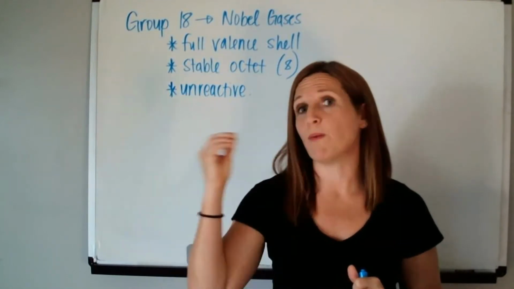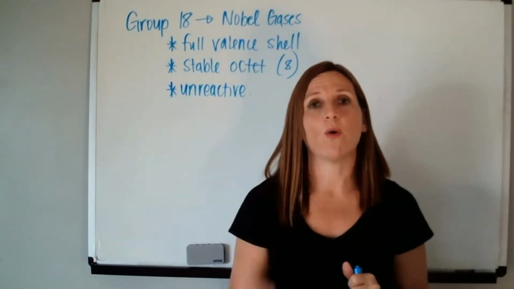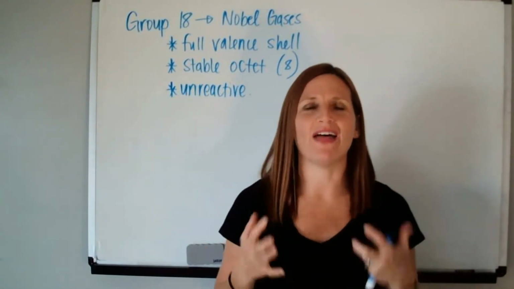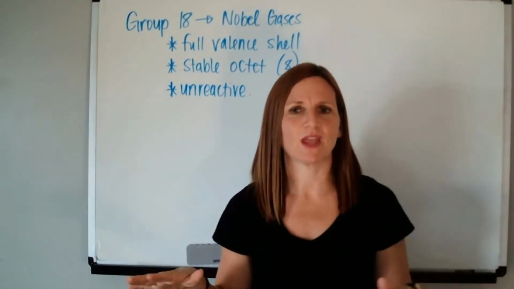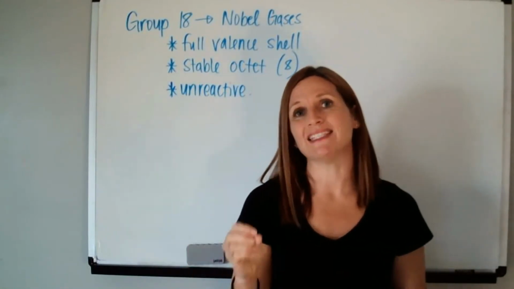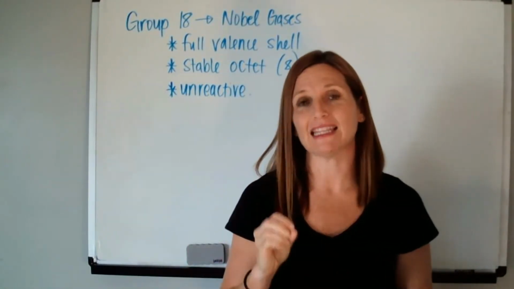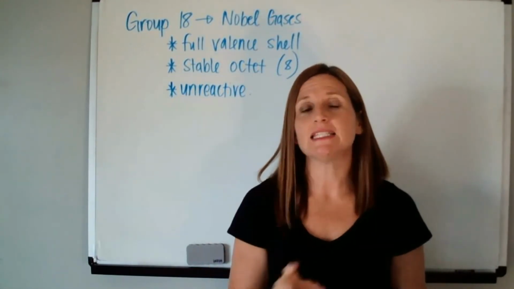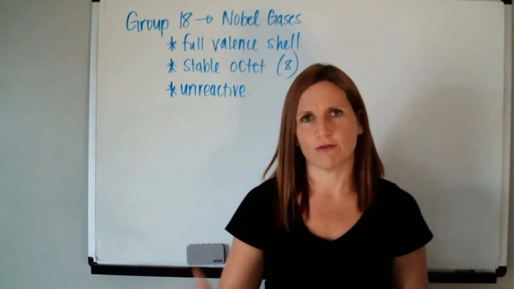And so atoms will beg, borrow, and steal in order to become like a noble gas so that they can relax. So the closer an element is to becoming like a noble gas, the more reactive it is. This is a trend that you're going to see throughout this chapter.